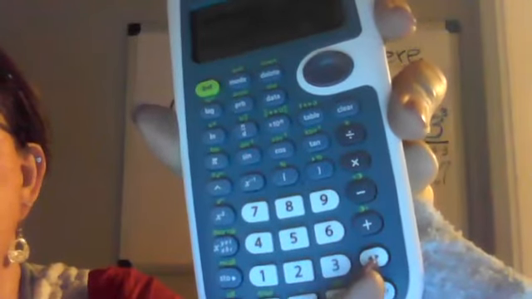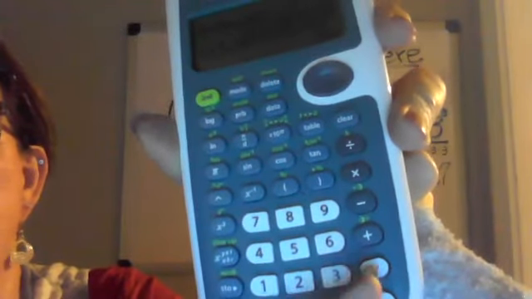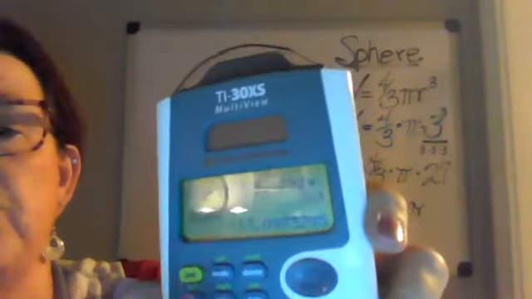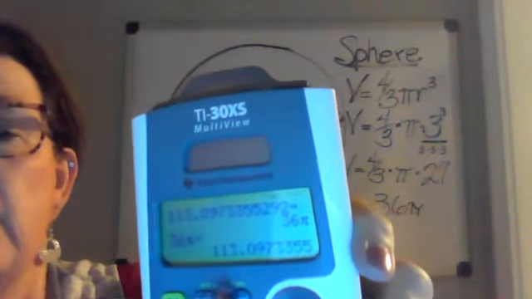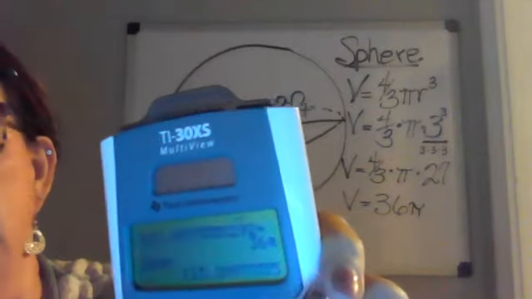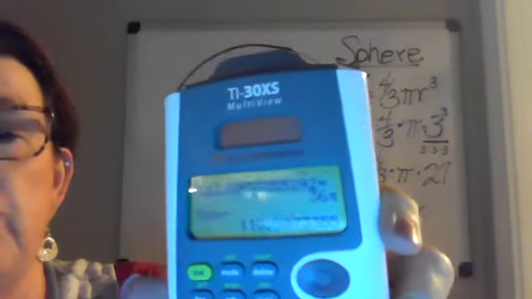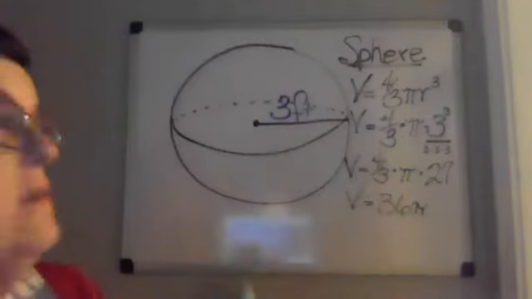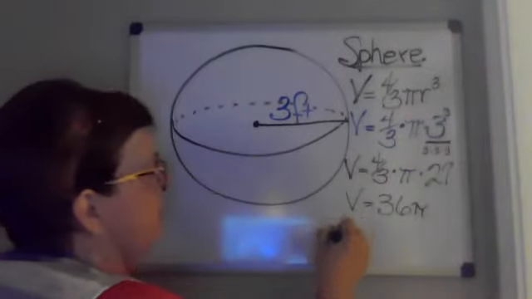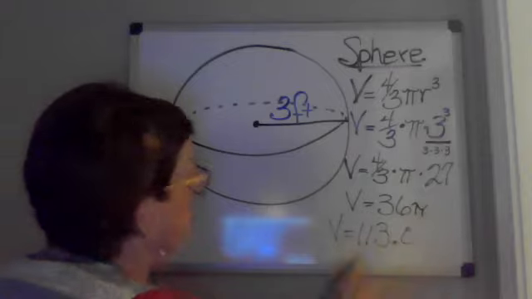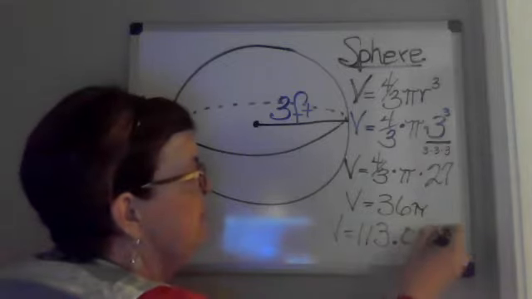If you push the toggle button once, it will change your terms of pi, which was 36 pi, and it will change it into the decimal equivalent, 113.097. So V equals 113.097.